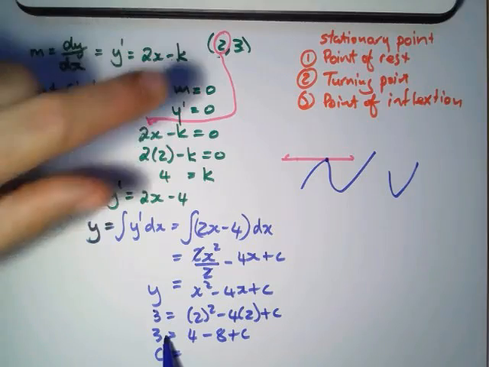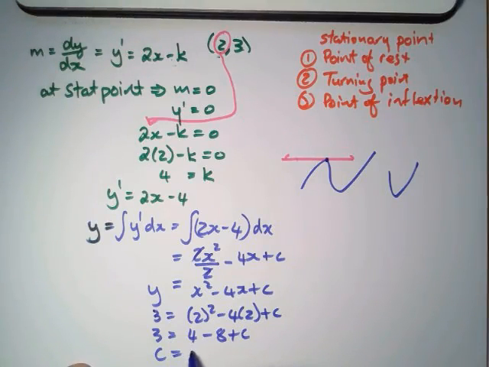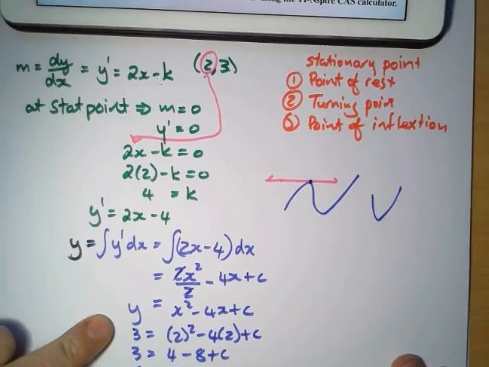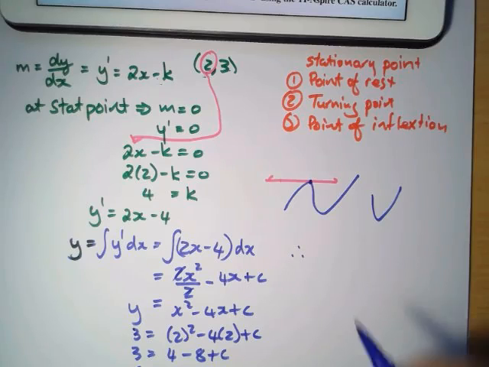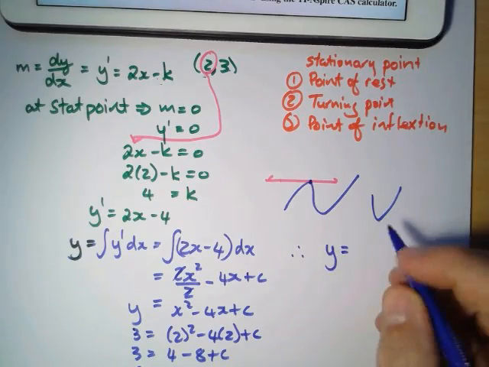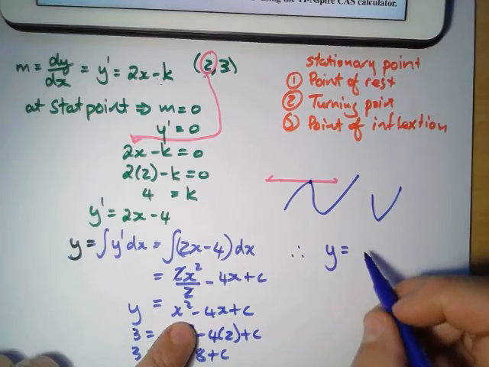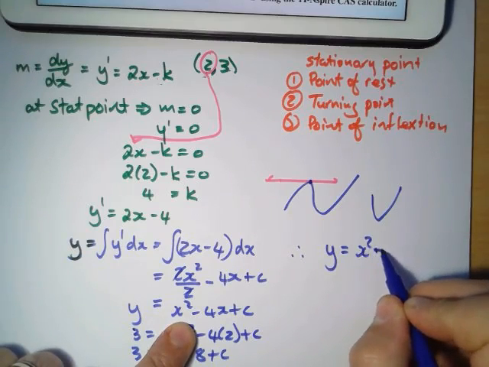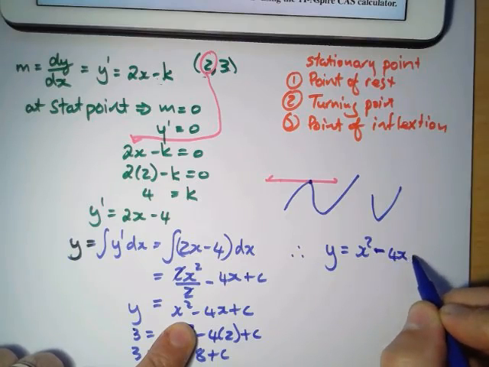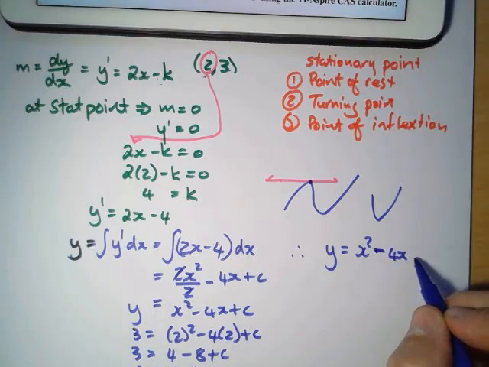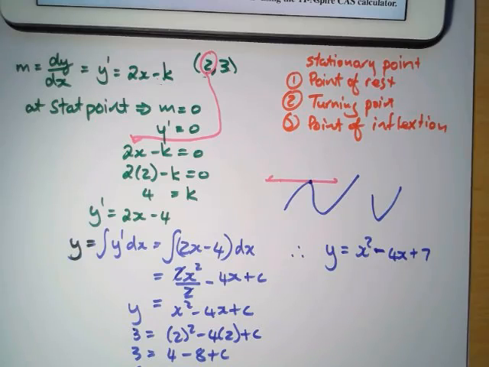Negative 4 goes over, it becomes plus 4, which means 3 plus 4 is 7. So what's my equation? My equation is therefore y equals x squared minus 4x, not c, but plus 7. So that's the equation without c.